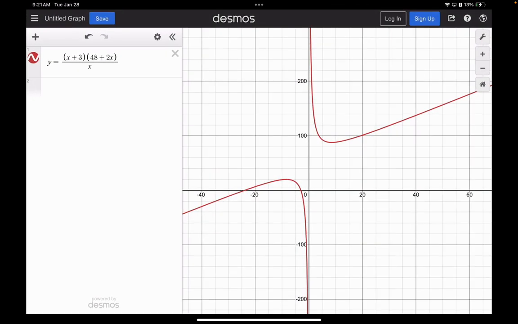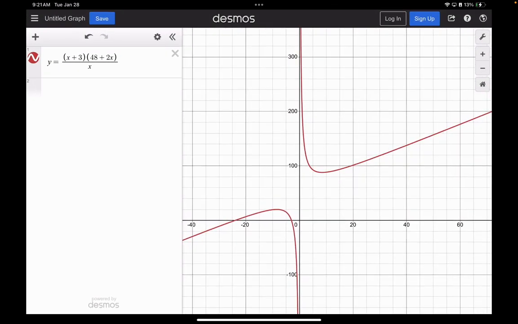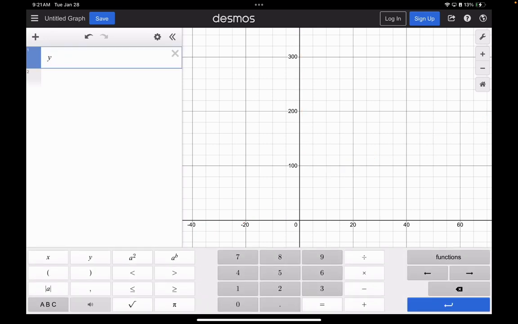How do I graph that in Desmos? You would do parenthesis, 0, comma 0. I can plot points.